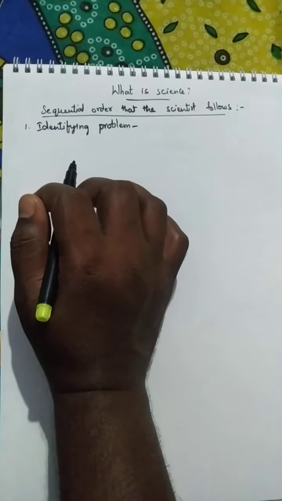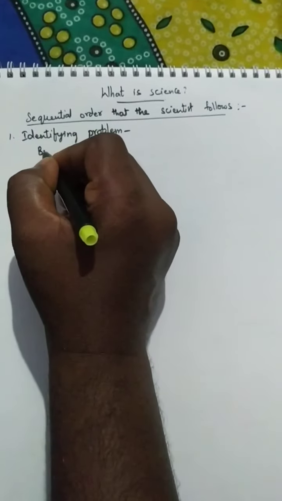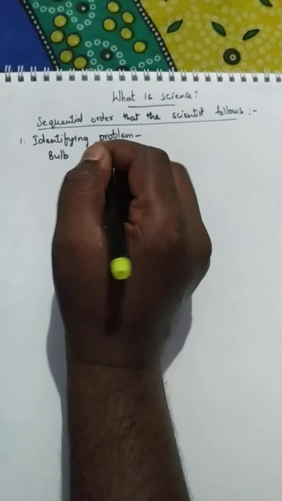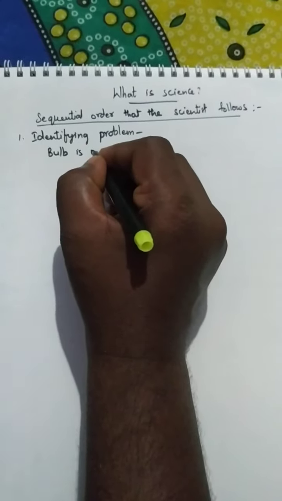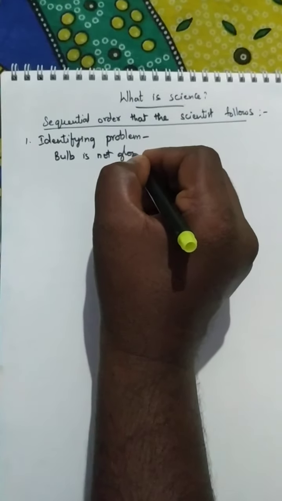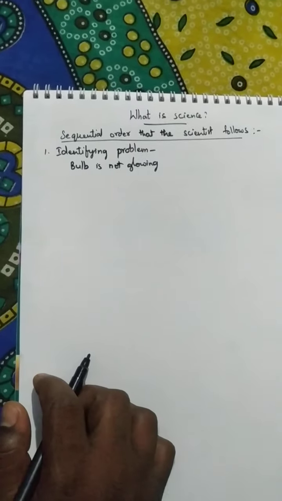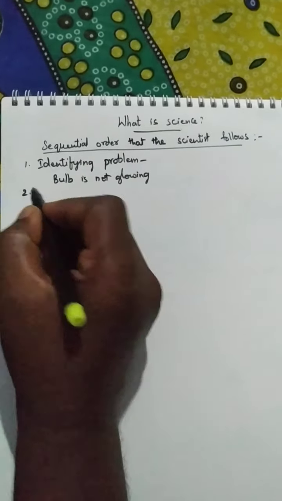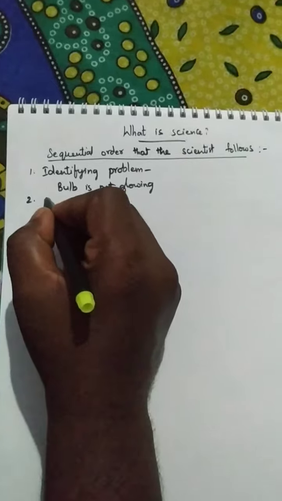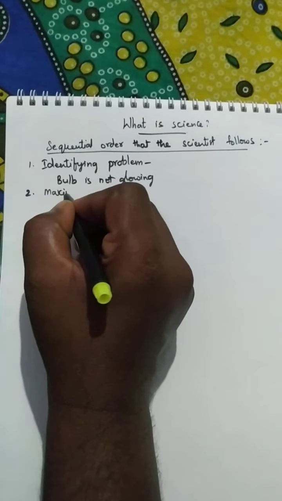For example, the bulb which is there in our room is not glowing. That is our problem. So for that problem, he should make some hypothesis.